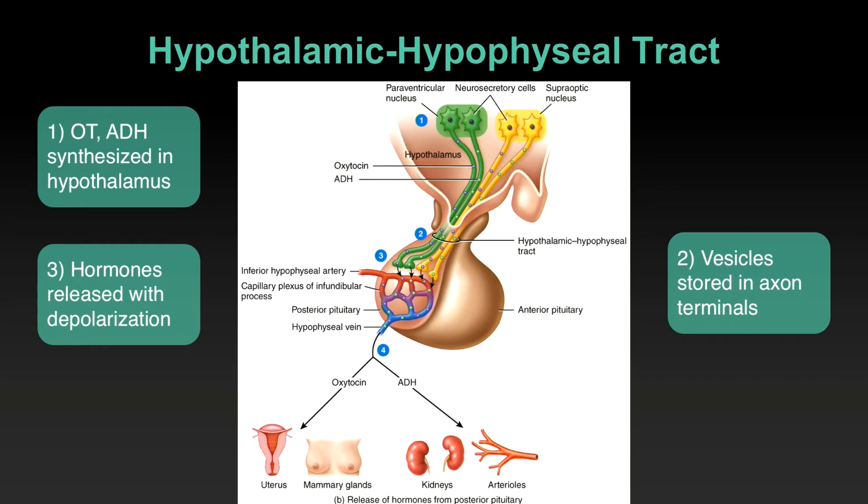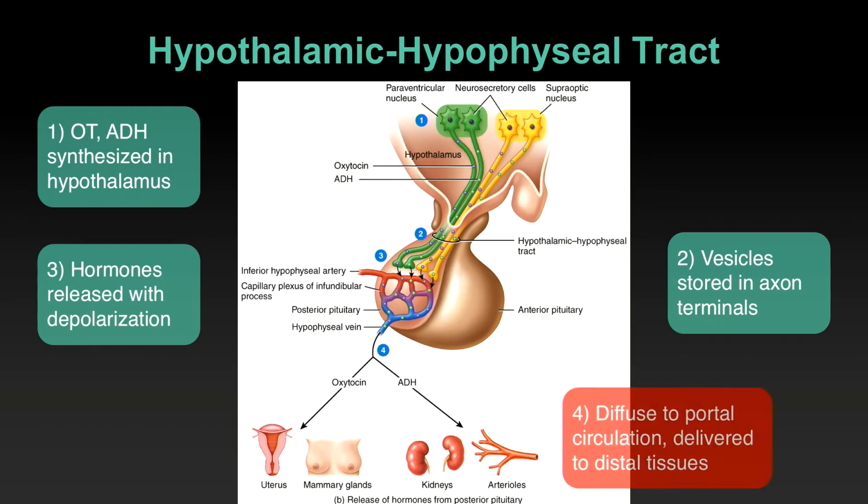And because the ends of those neurons are in such close proximity to the inferior hypophyseal plexus, upon depolarization, hormones enter the bloodstream directly. So whenever we need oxytocin, it's released into the bloodstream directly and transmitted through the body. Same thing about antidiuretic hormone.